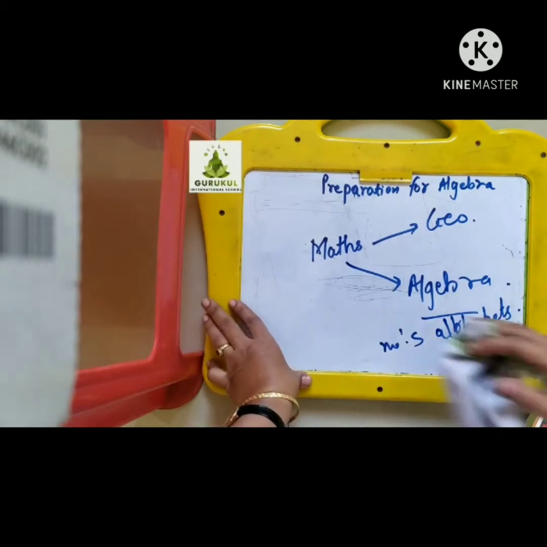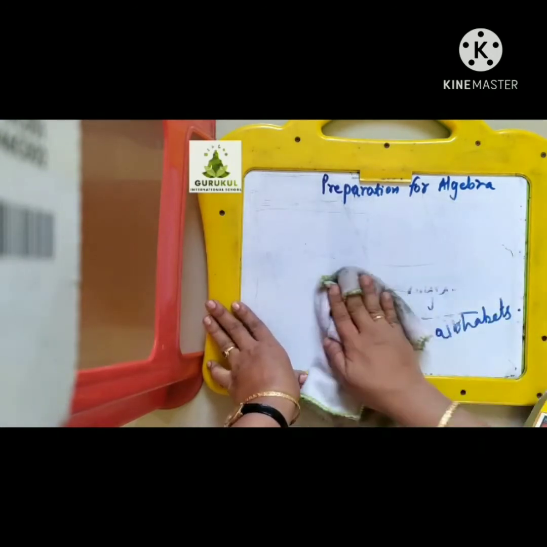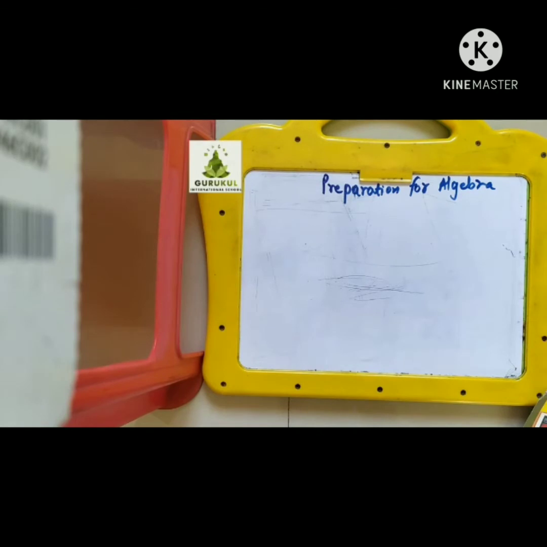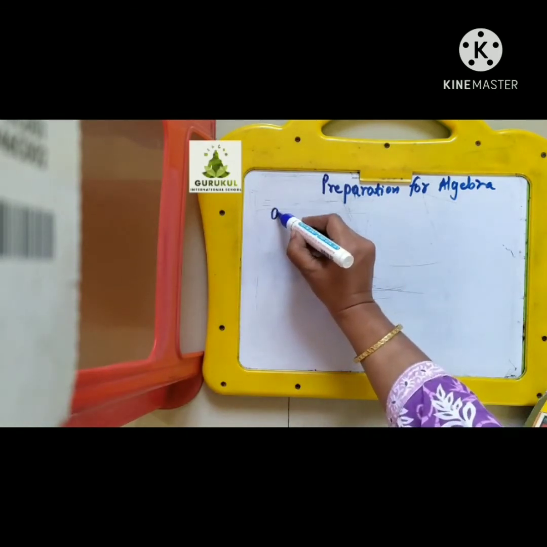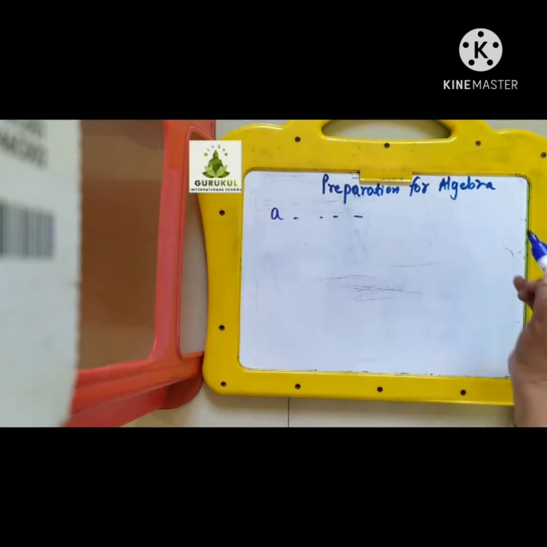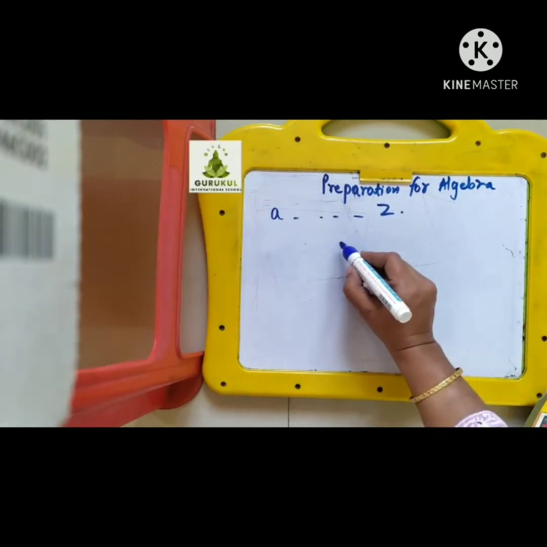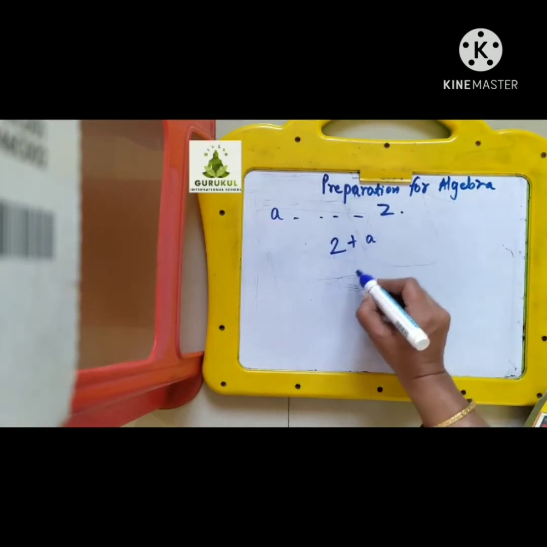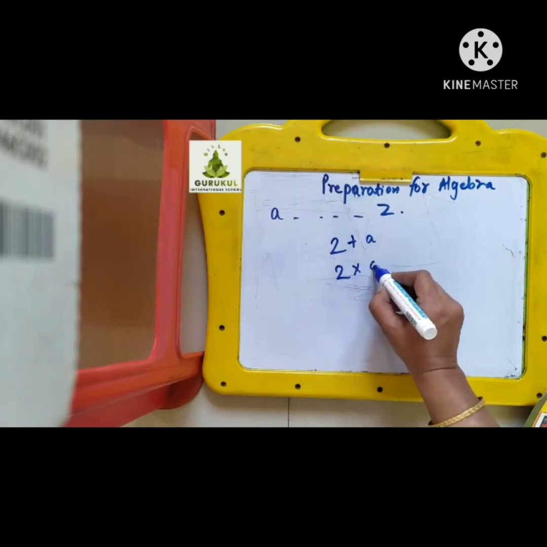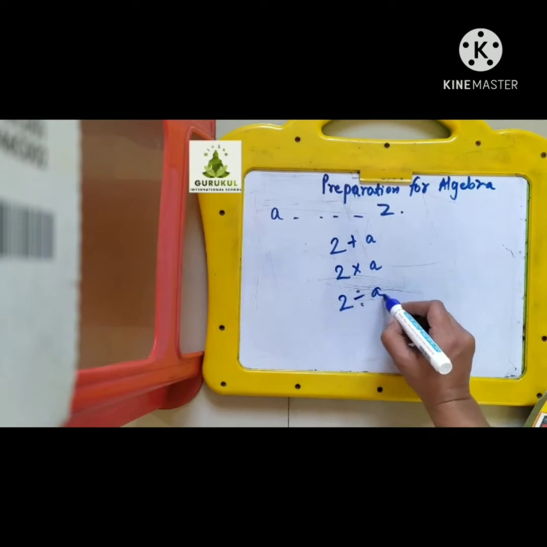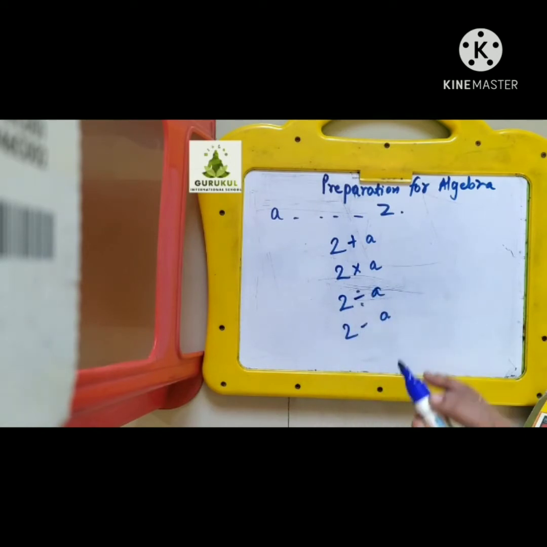Now you will see over here how an alphabet can be used. All the alphabets that are used are written in the small case from a to z. I can say here 2 plus a, or 2 into a, 2 divided by a, 2 subtracted by a.